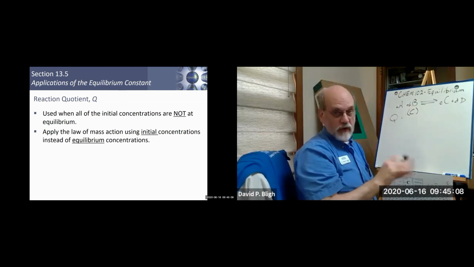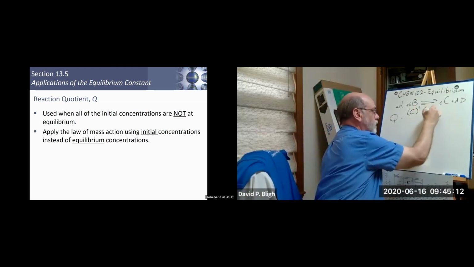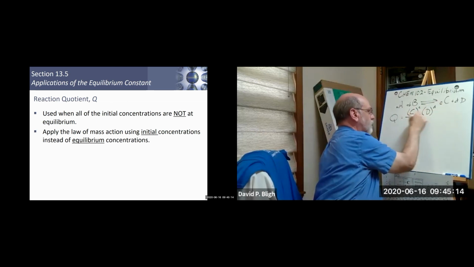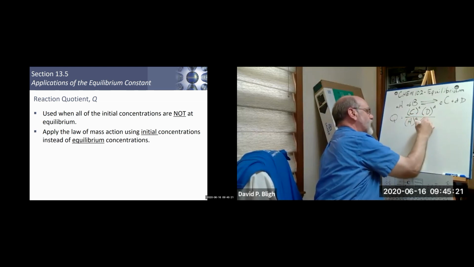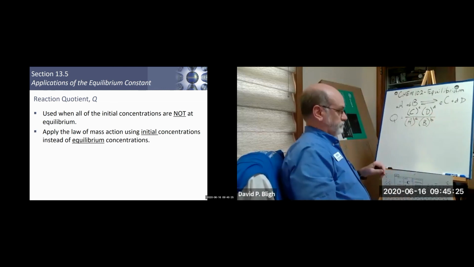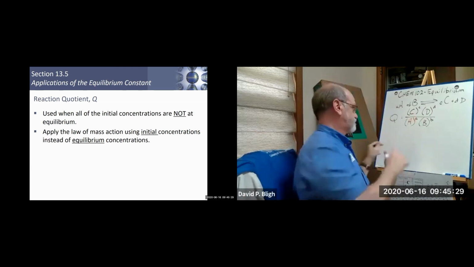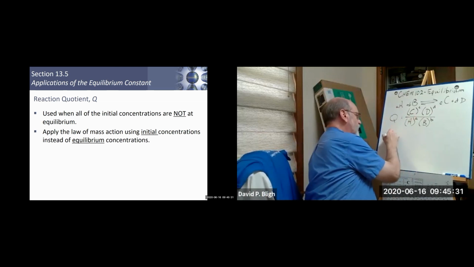That implies that we're not at equilibrium. Raised to the power, and then A raised to its power, and B raised to its power. And then we compare that value to the K. Right? We compare the K.